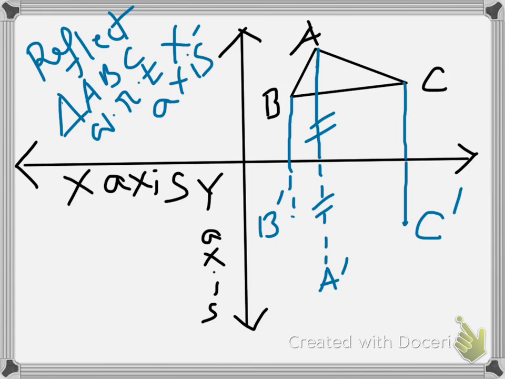Now let me join the three reflected points, and if you join the three reflected points, you will get the entire reflected object. In this case also, you can observe that you actually get a mirror image after reflection.